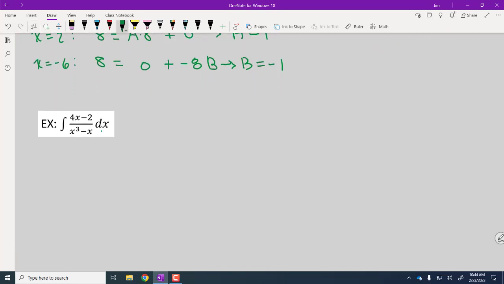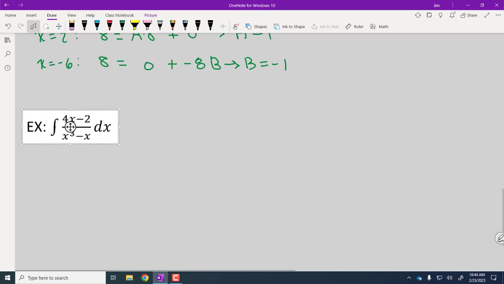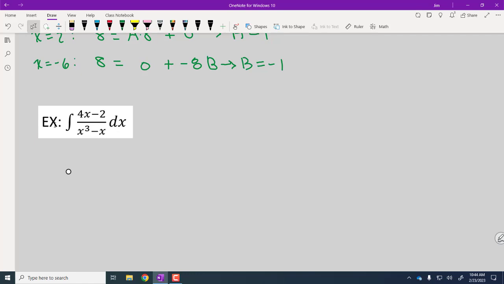Let's take a look at this one. The one thing that we have to remember is that the method that we just did, the traditional and the convenient value method, both require the denominator to be factored.